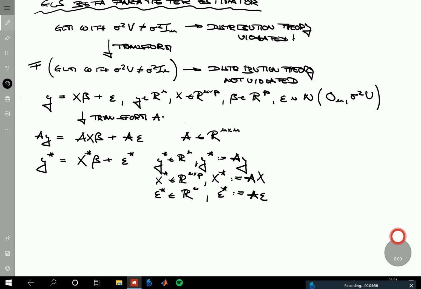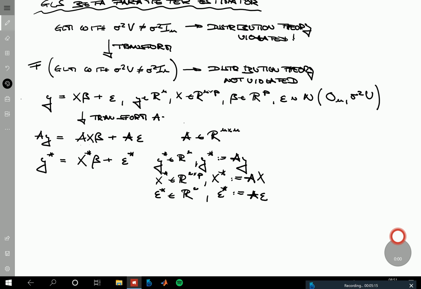So note that we transformed here the data, the design matrix, and the error, but not the beta parameter. So the beta parameter in this transformed GLM is still the original beta parameter.